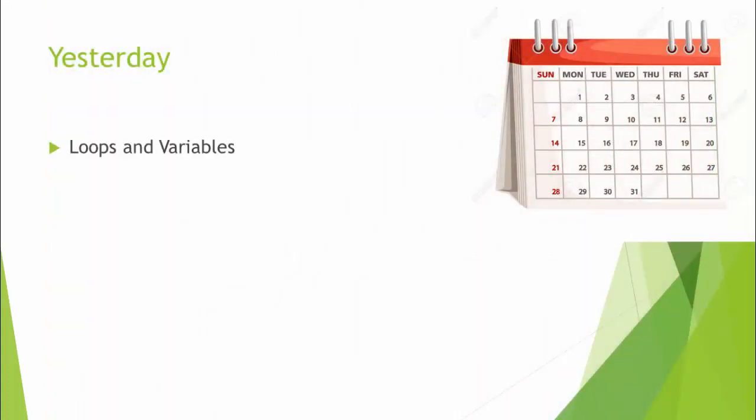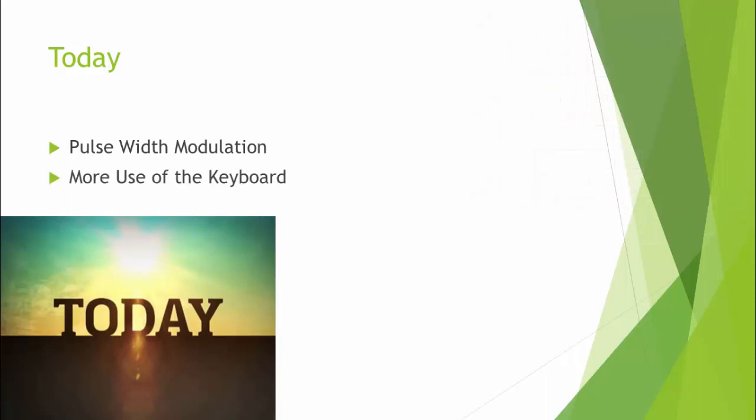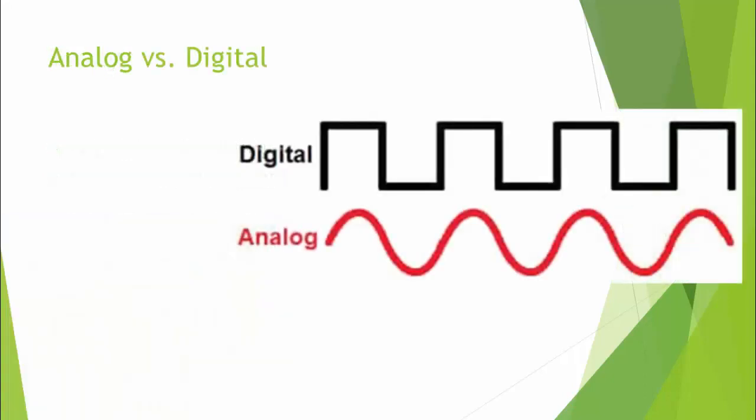Well, yesterday we talked about loops and variables. Today we're going to talk about pulse width modulation as well as applying our keyboard again. So first let's talk a little bit about analog versus digital.